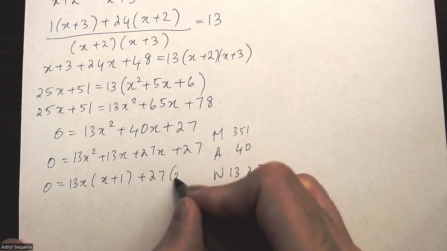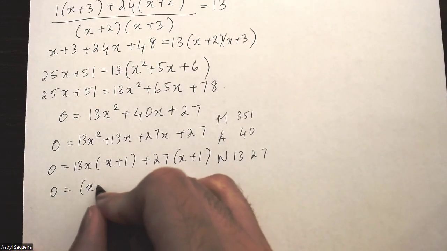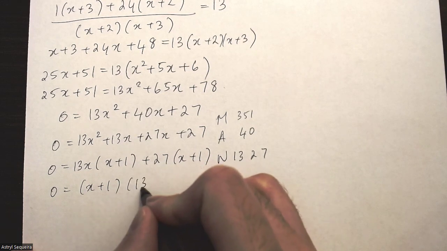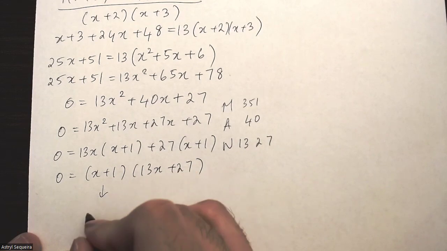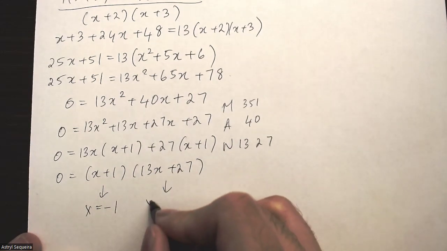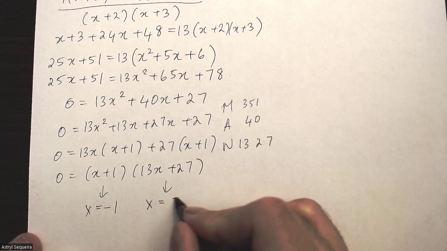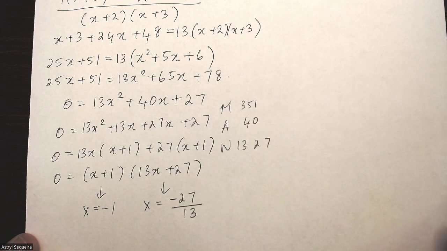Over here it's 27 times x plus 1, and then I'll just common factor out the x plus 1. I'm left with 13x plus 27. So my two solutions in this question are negative 1 and negative 27 over 13.